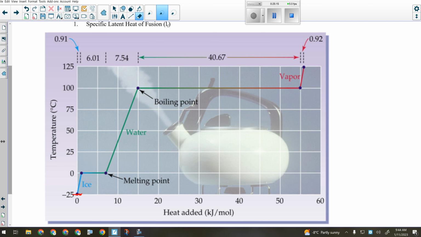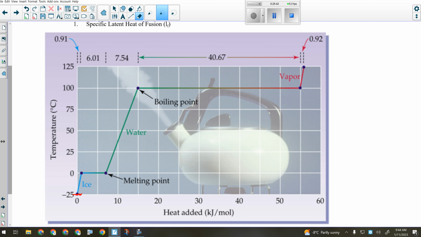So when you're adding thermal energy to something, you're either making it get hotter, changing its temperature, and thus its kinetic thermal energy, or you're changing its state, which is how far apart the particles are, and that's the thermal potential energy. So in order to get ice to melt, I have to first increase its kinetic thermal energy so that it gets to its melting point.